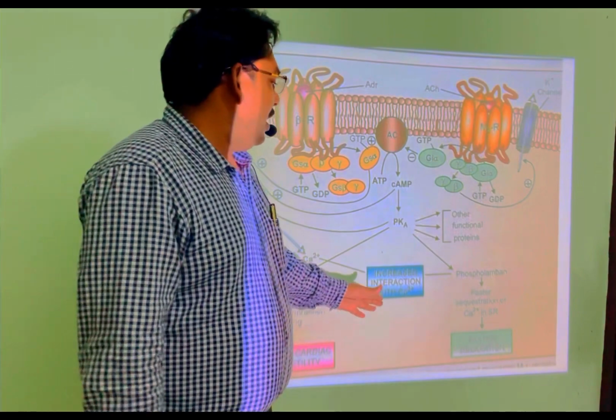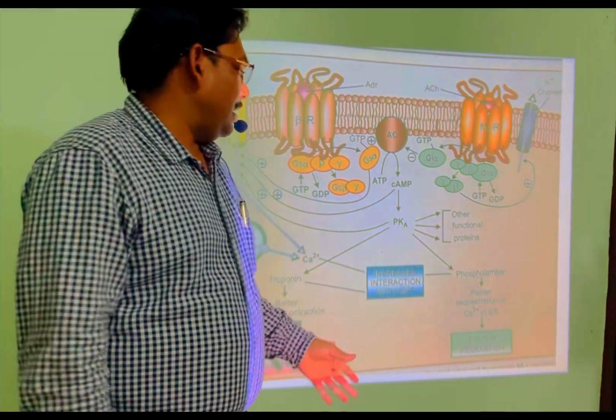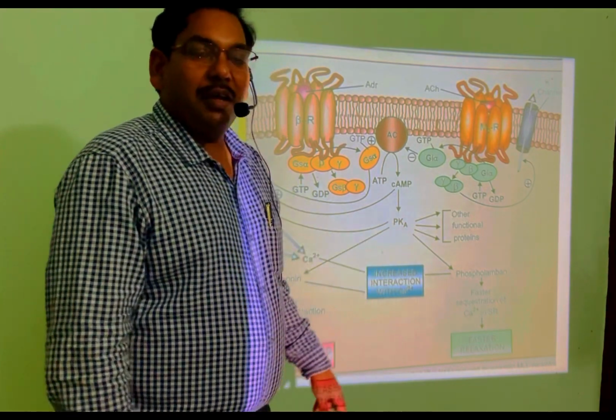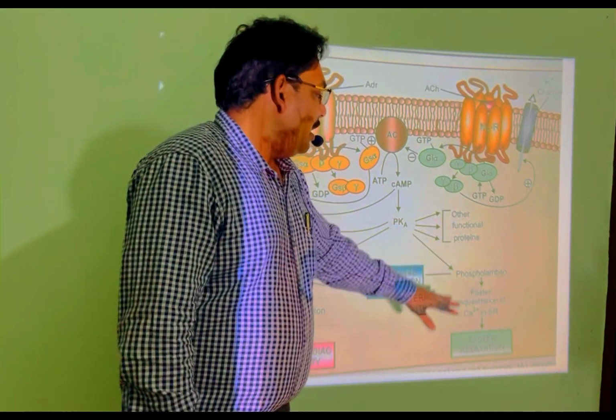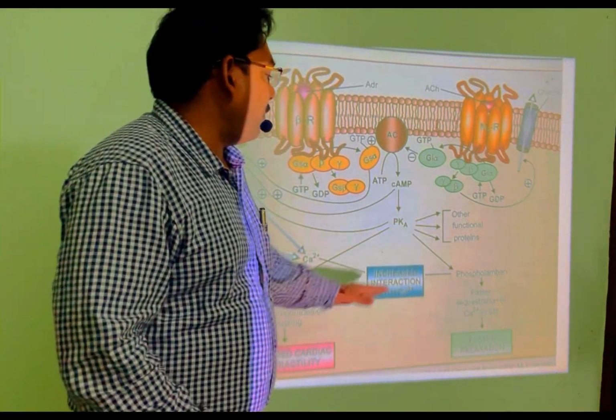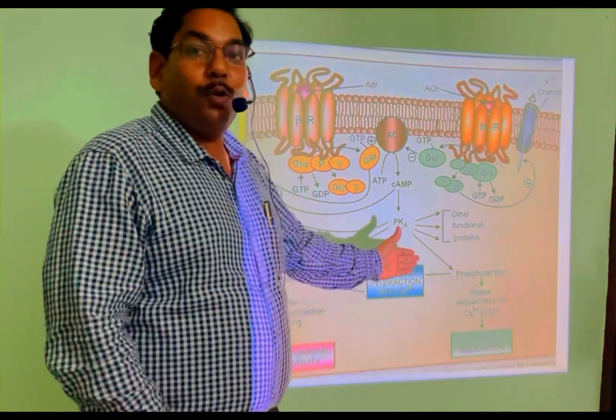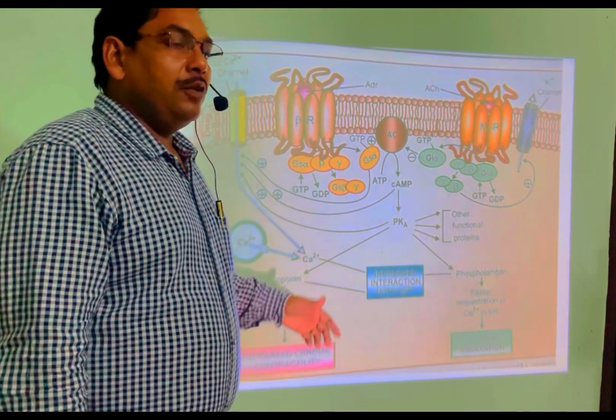And the other way is what happens in smooth muscle. If Gs cyclic AMP phosphorylates the protein kinase, then in smooth muscle we find the phospholamban protein. Remember, smooth muscle has the phospholamban protein and cardiac muscle has the troponin protein.